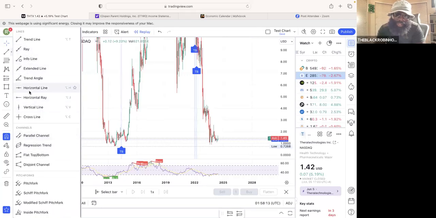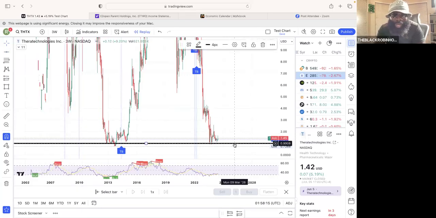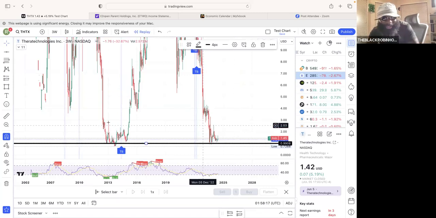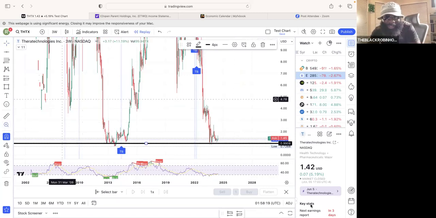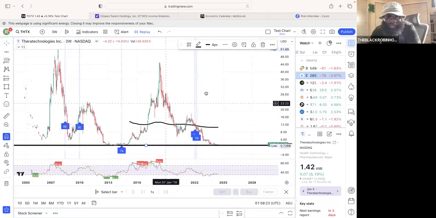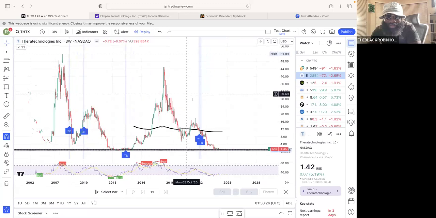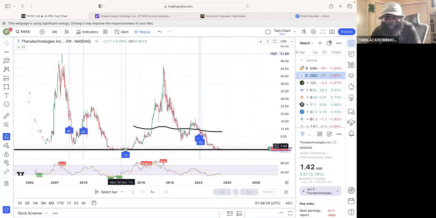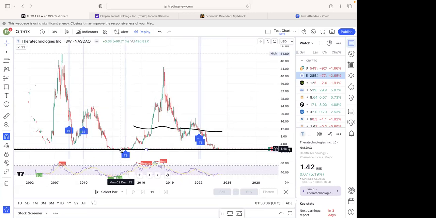So zone wise, it is in the zone. I can't lie about that one. It's in the demand zone. Right? So look, it's in the demand zone. So it popped from here before. No way, what the fuck? That's crazy.